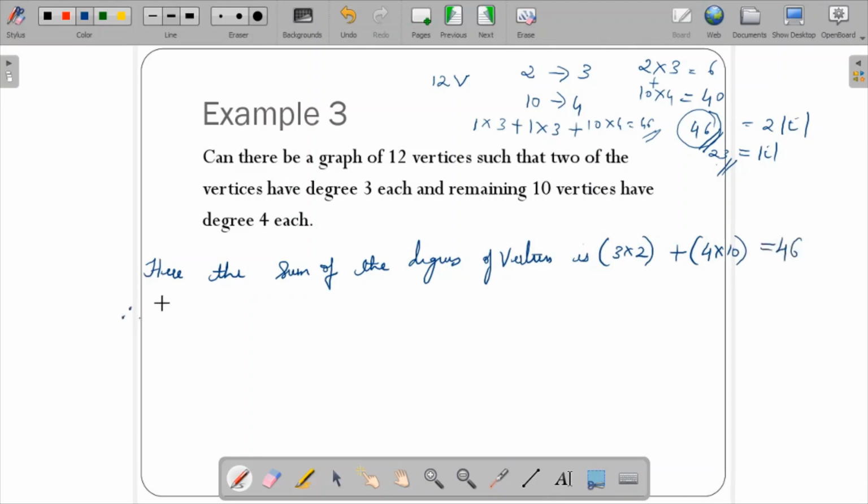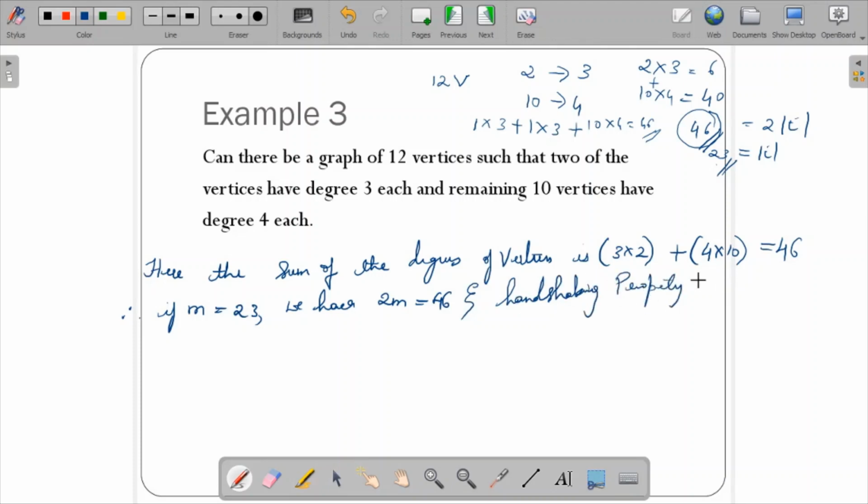Therefore, if m is equal to 23, we have 2m equal to 46, and the handshaking property holds.